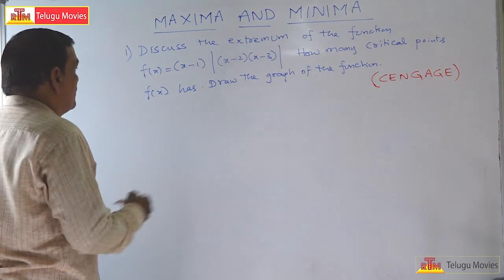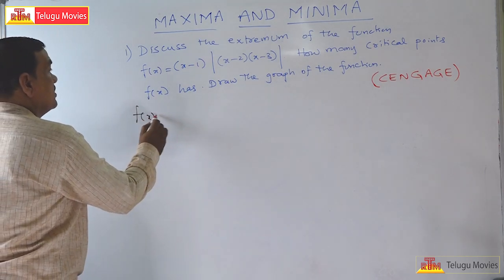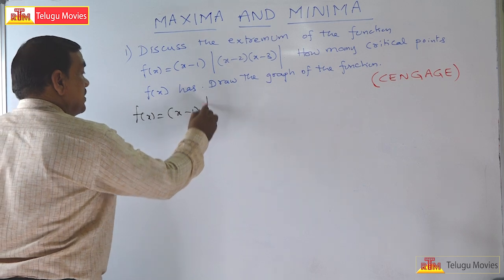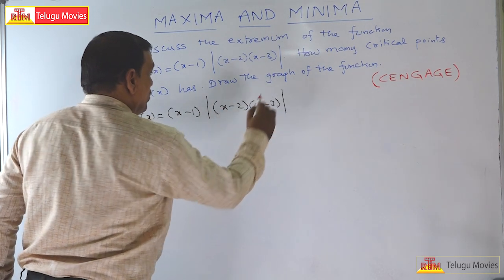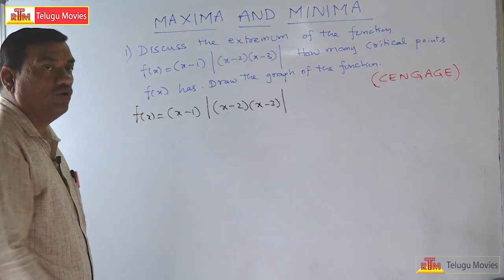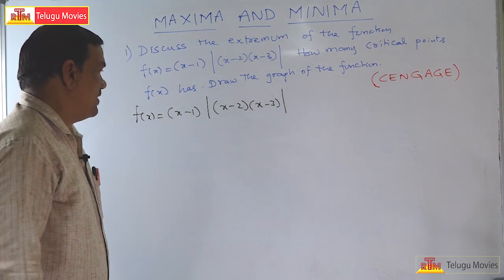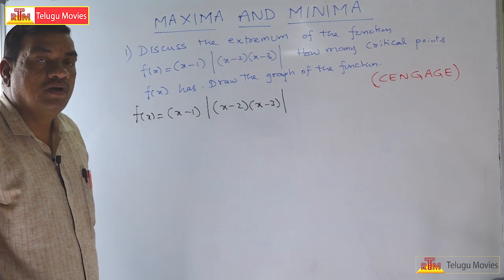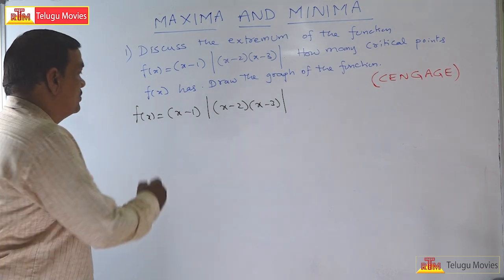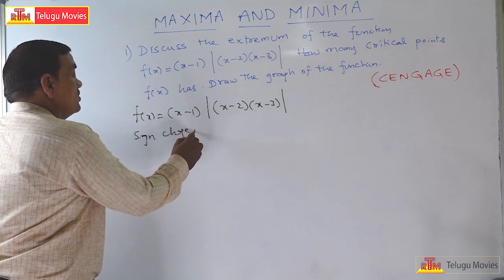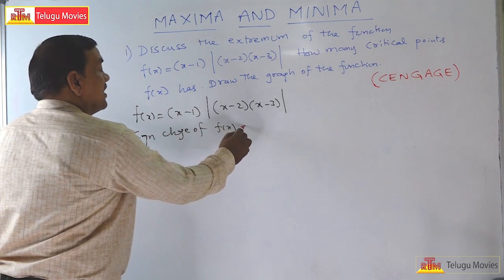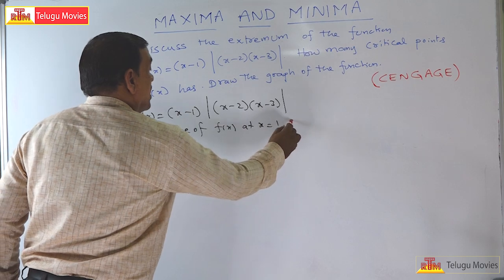The given function is f of x equals (x minus 1) into modulus of (x minus 2) into (x minus 3). The modulus is on x minus 2 and x minus 3. Observe the sign change of f of x at x equals 1, 2, 3.